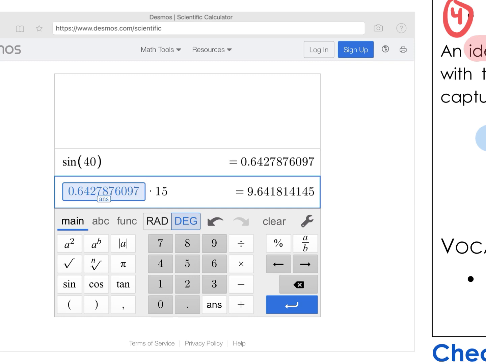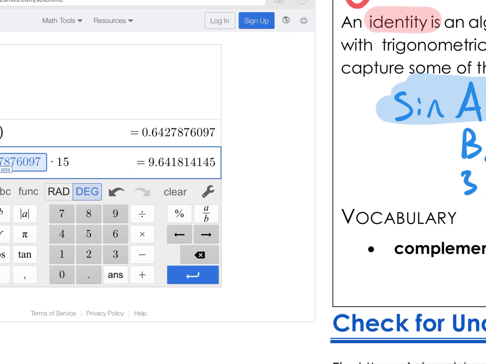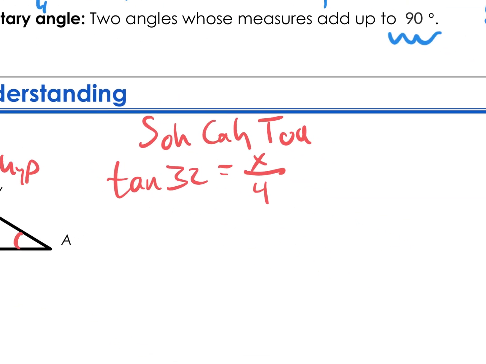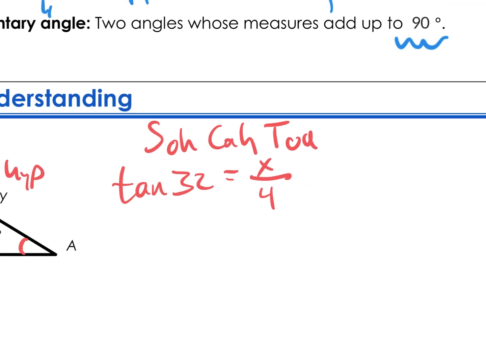Looks like 0.6249. We'll round that off to 49 because we're cutting off this 6. So 0.6249, okay, so we got 0.6249 equals x over 4. Okay, and now we can cross multiply that, or if you want to think of it, we can just multiply both sides by 4.